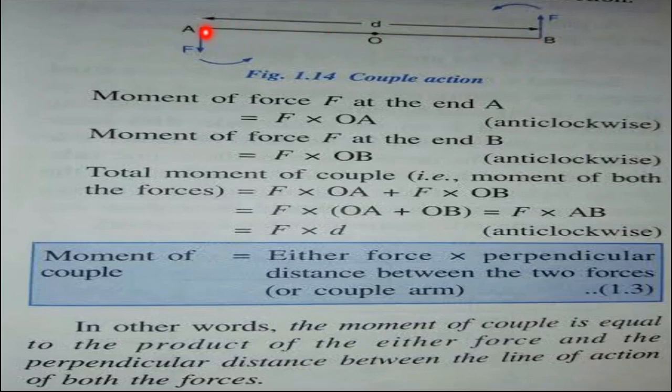Or we can also represent it by AB. AB is also represented as D. So the formula of couple is equal to F multiplied by D, where F is the force and D is the perpendicular distance between these two forces.